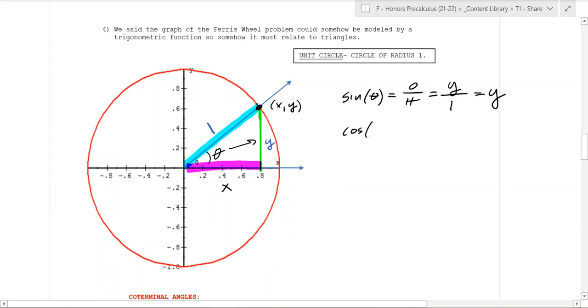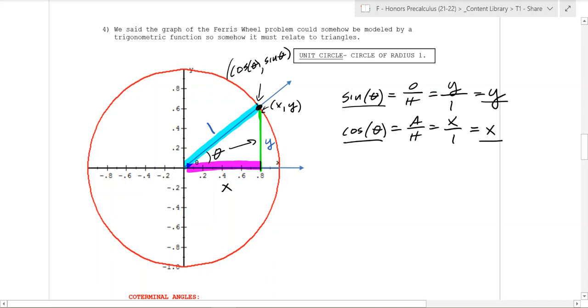The cosine of theta is adjacent over hypotenuse, so that's x over 1, which is x. So what that actually tells you is that sine of theta is equal to y, and cosine of theta is equal to x. It actually tells you then that you can also write this as the point cosine of theta, comma, sine of theta, like this. So that's another way to write the point.